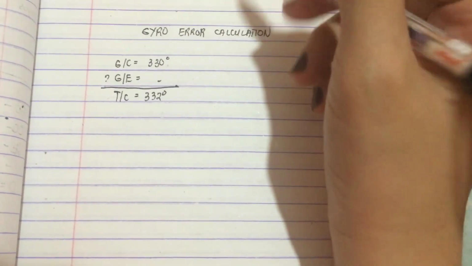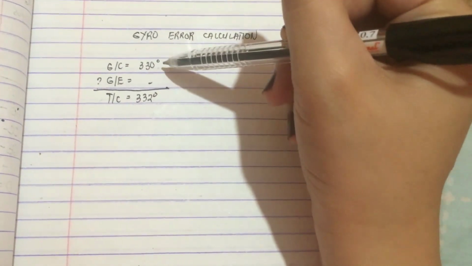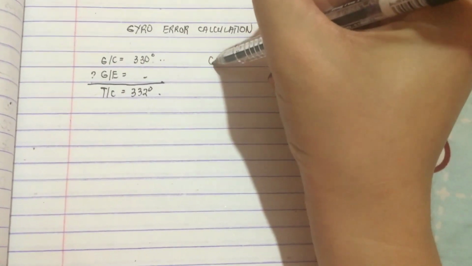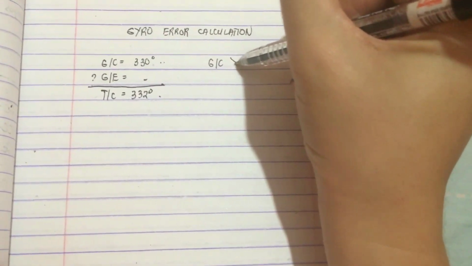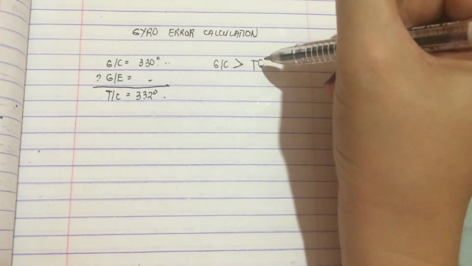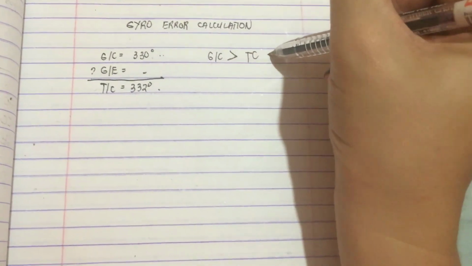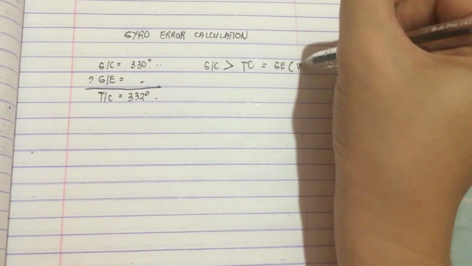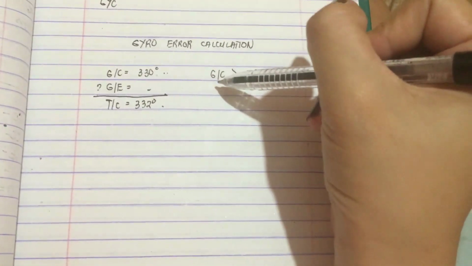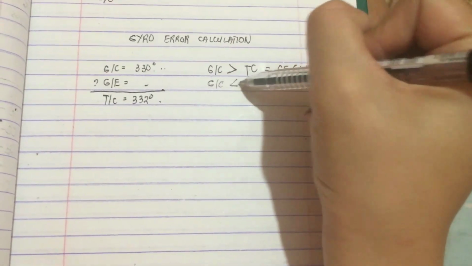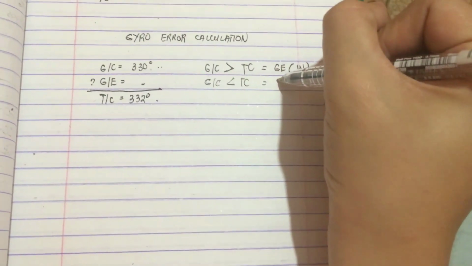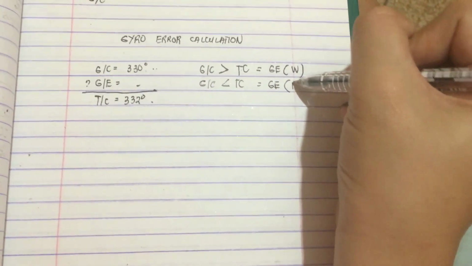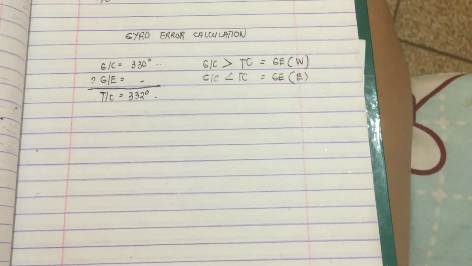So first thing to do is we should identify if gyro course is greater or less than true course. If gyro course is greater than true course, which means gyro course is best, our gyro error will be west. And if our gyro course is less than our true course, our gyro error is east.